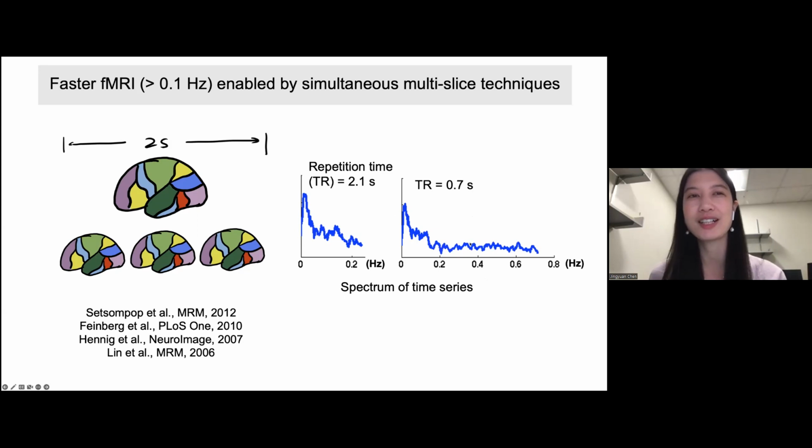We call this kind of fast fMRI, going beyond 0.1 hertz. So the question is, is there signal, or is it just pure noise in the higher frequency fluctuations? This is a pretty interesting question because there are lots of interesting brain oscillations occurring at frequencies way above 0.1 hertz. For quite a while, people thought it was impossible to observe them with fMRI.